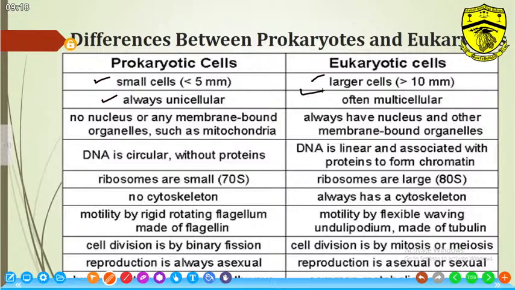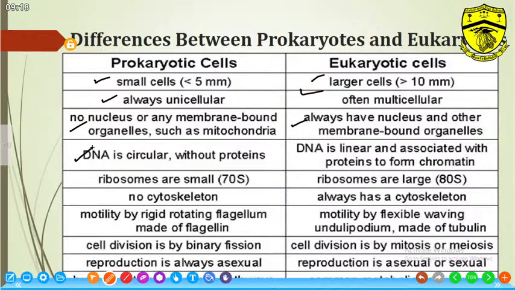Prokaryotic cells have no nucleus or any membrane-bound organelles such as mitochondria. Eukaryotic cells always have a nucleus and other membrane-bound organelles. In prokaryotic cells, DNA is circular without protein.